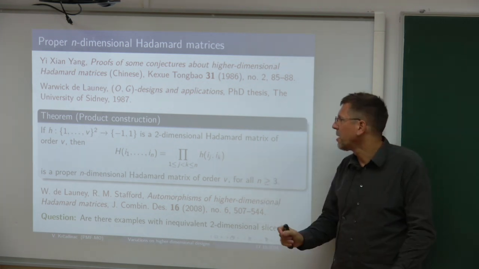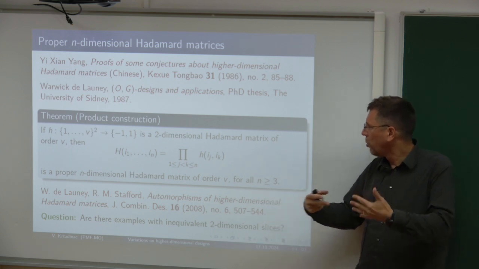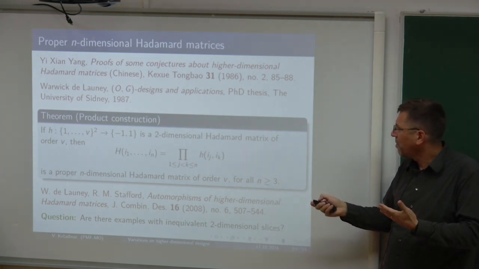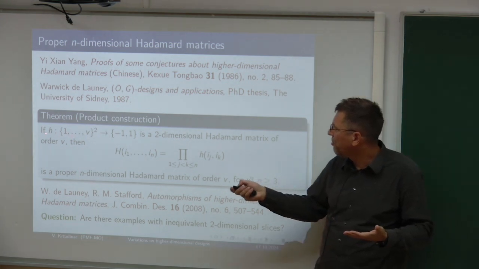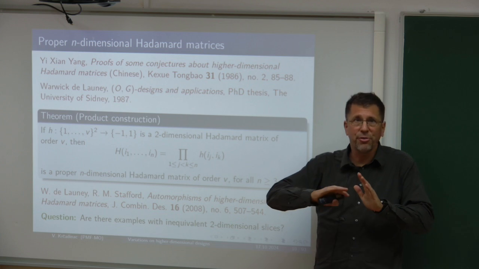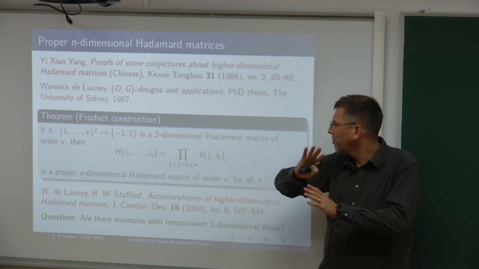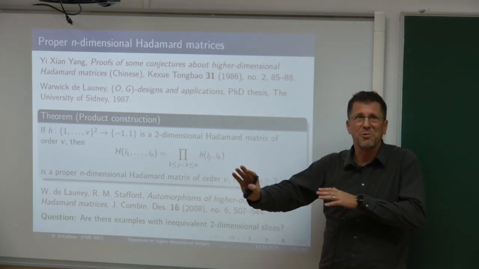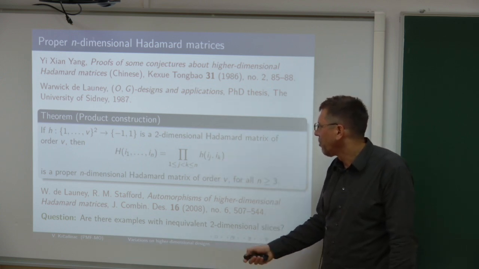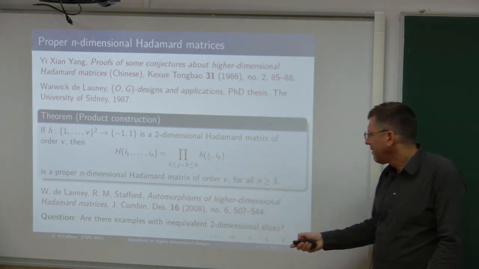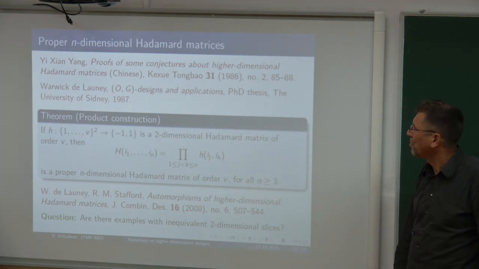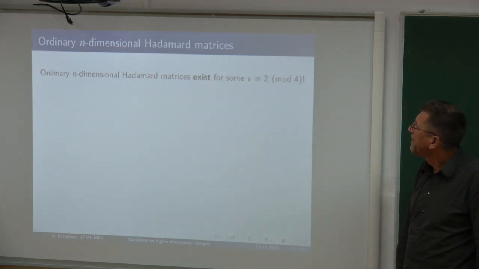So actually here any slice is equivalent to the matrix you started from. Are there any examples, as in another known construction, that have also the same properties? One and the same matrix, or an equivalent one, all over this big n-dimensional matrix. So you can ask, are there any examples that have inequivalent two-dimensional slices? And the answer is going to be yes. I'm going to show you examples later.